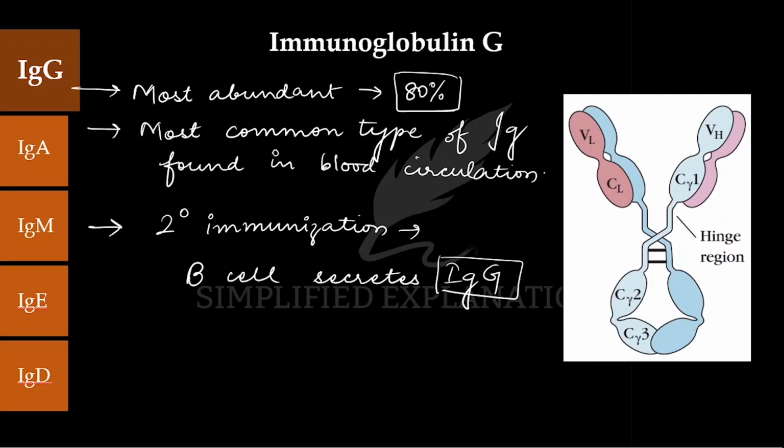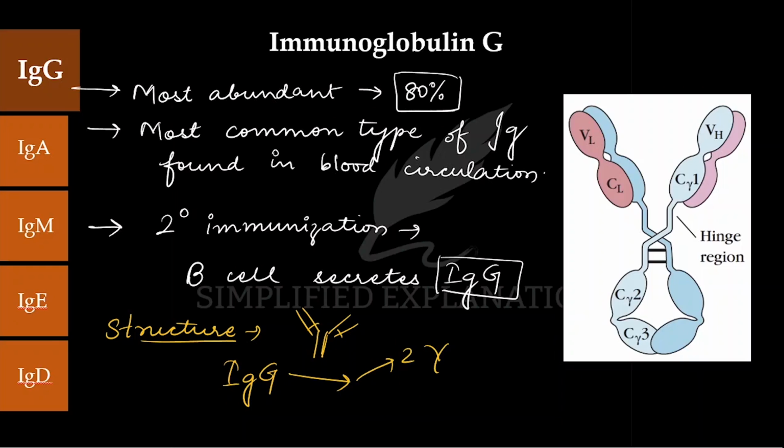Now let us talk about the structure of the IgG. The diagram is shown over here. The IgG structure is similar to the standard antibody structure that we have studied, but the difference is that it has 2 gamma heavy chains, that's why it's called IgG, and 2 light chains.